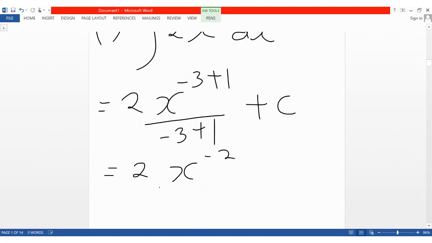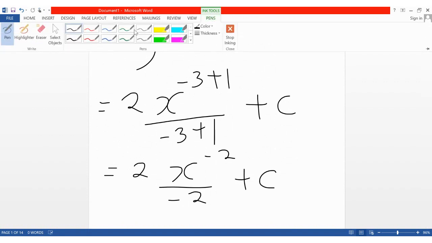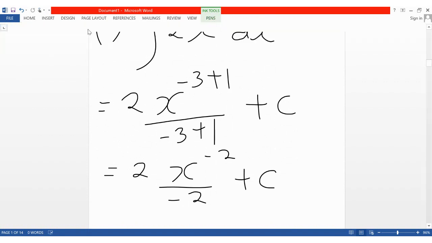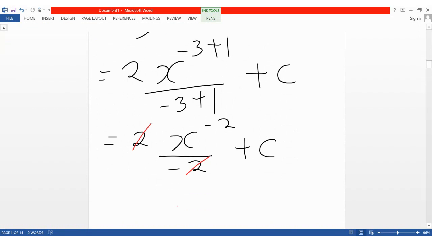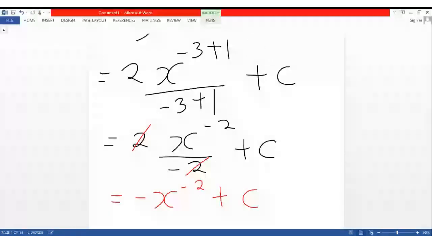And in mathematics, you can cancel the 2 and the negative 2, so we shall remain with negative x to the power negative 2 plus c. So you can see the constant is not playing so much of a role in that.